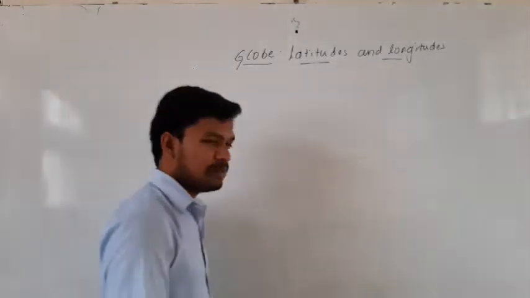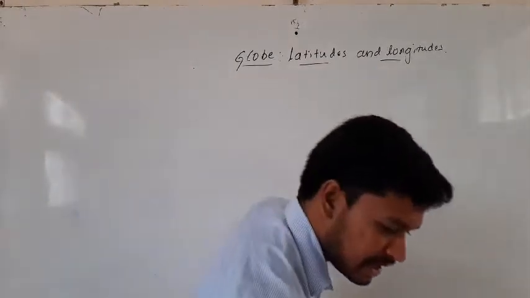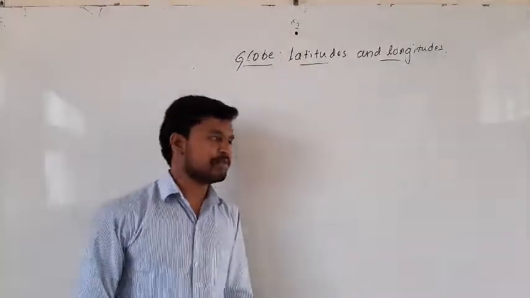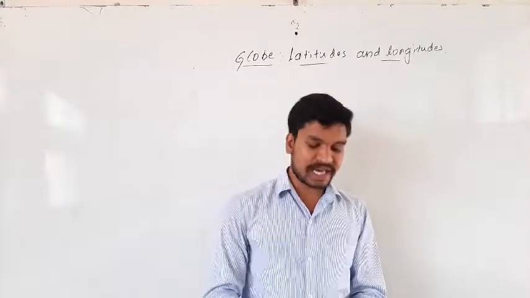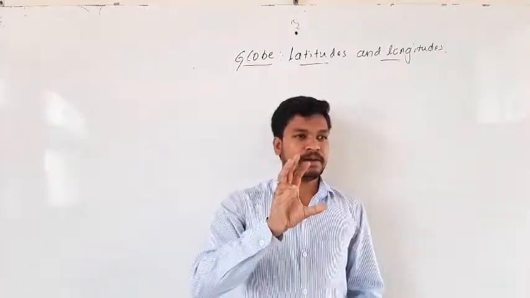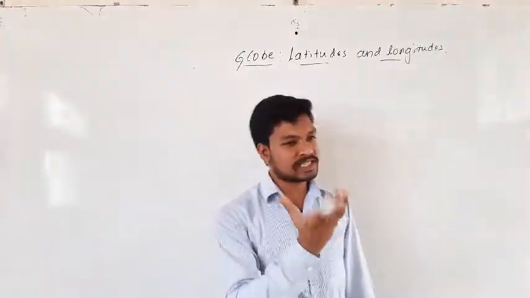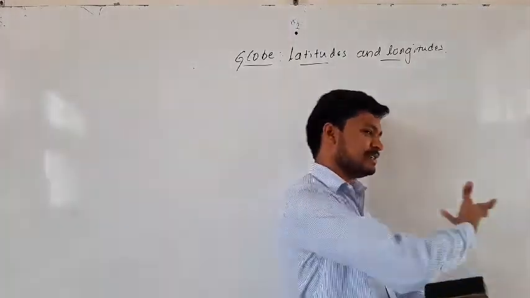Like a globe, I have drawn pictures of a globe and shown you how it looks. The globe, that means Earth, rotates itself and revolves around the sun.